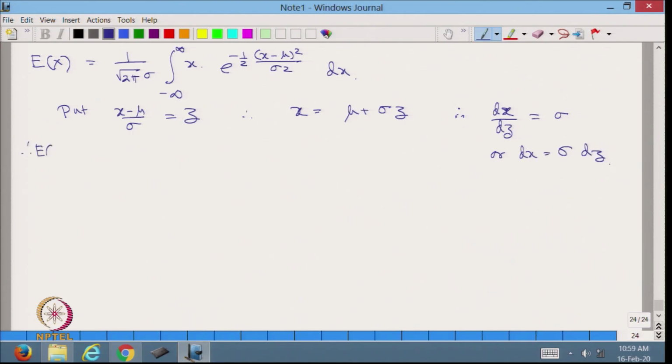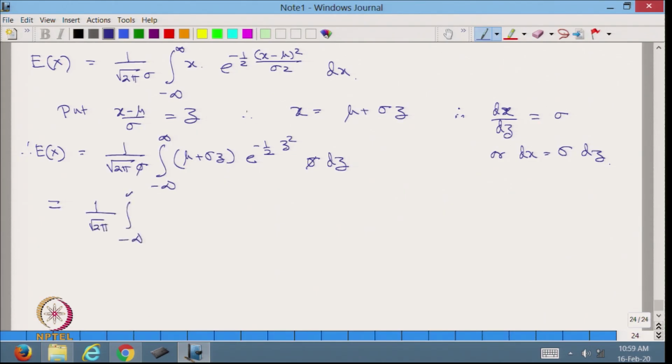Therefore, expectation of x is equal to 1 over root over 2 pi sigma, integral from minus infinity to infinity of (mu plus sigma z) e to the power minus half z square sigma dz, which is equal to, now sigma gets cancelled, 1 over root over 2 pi integral from minus infinity to infinity of (mu plus sigma z) e to the power minus half z square dz.